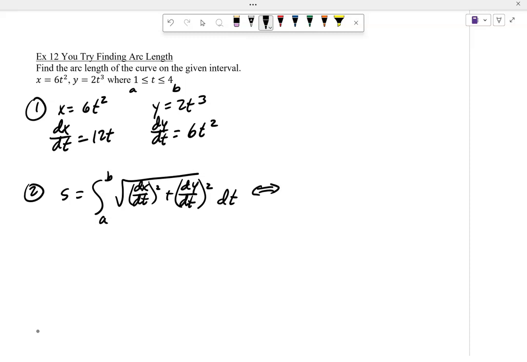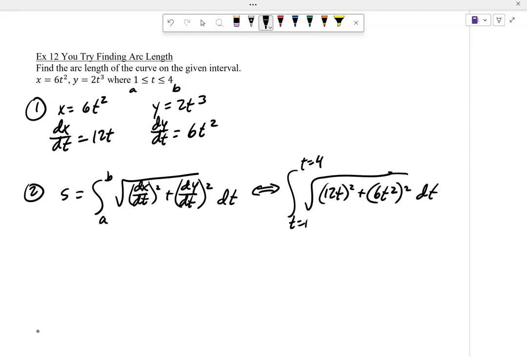So this becomes from t being 1 to t being 4 over the interval. dx/dt is our 12t, dy/dt is 6t squared, dt. So we got the square root of 144t squared plus 36t to the 4 from 1 to 4.